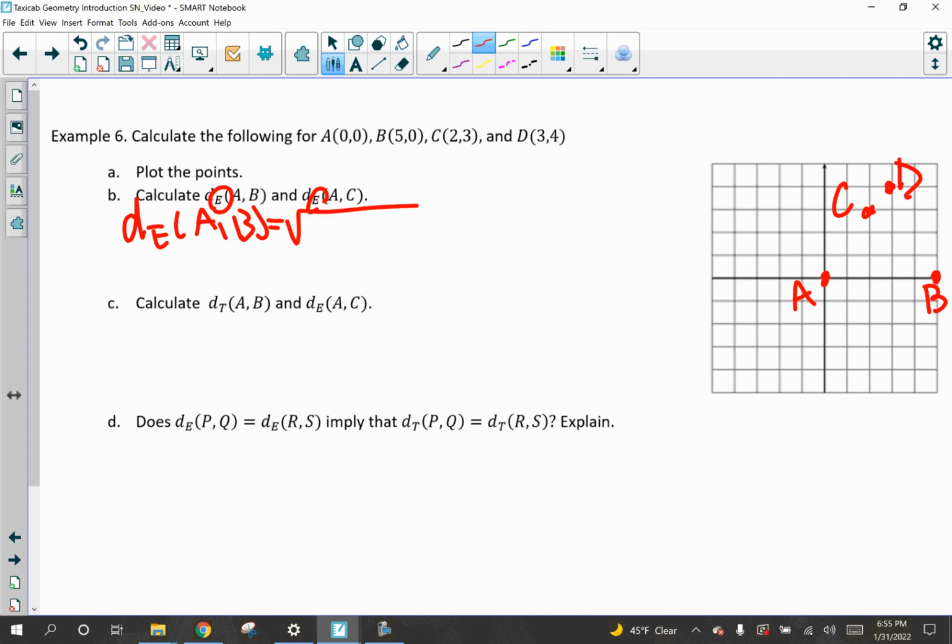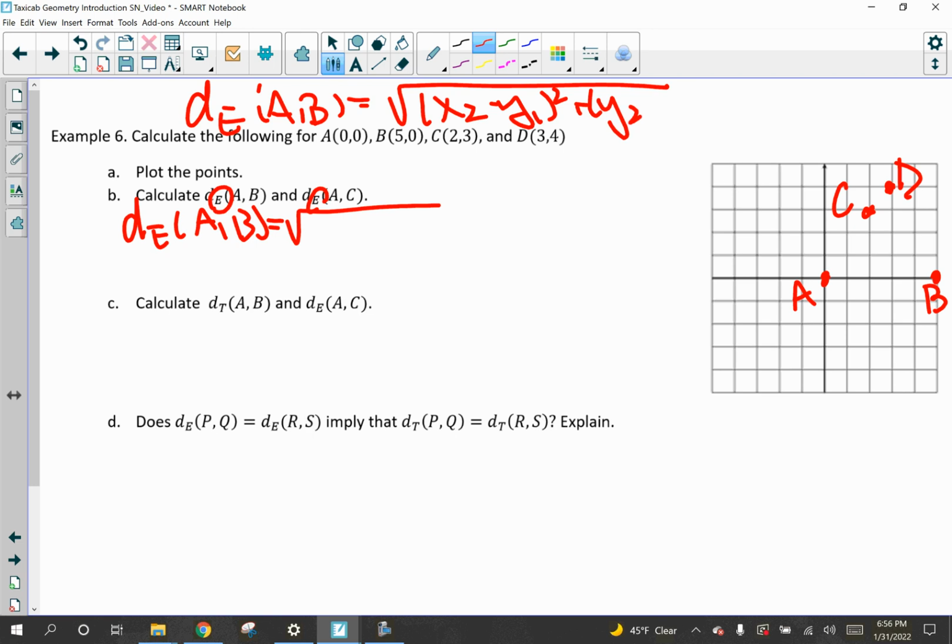Remember, that's the formula we used yesterday: the square root of the sum of squared differences. So we'll have 5 minus 0 squared plus 0 minus 0 squared, which is fairly easy to do. 5 minus 0 is just 5 squared, and 0 minus 0 is 0, so 5 squared is 25. You hit the square root of 25 and you get 5.